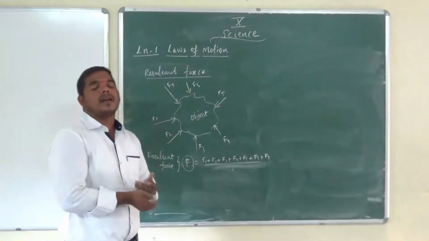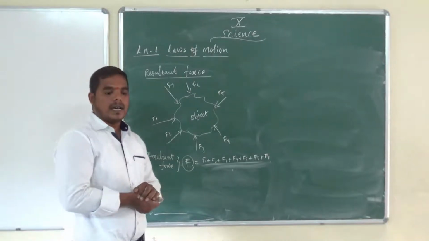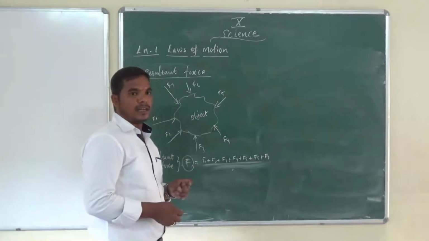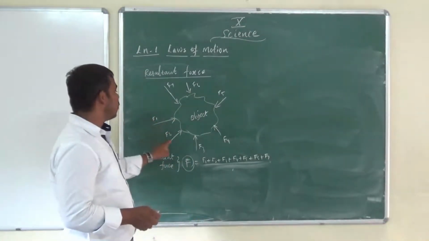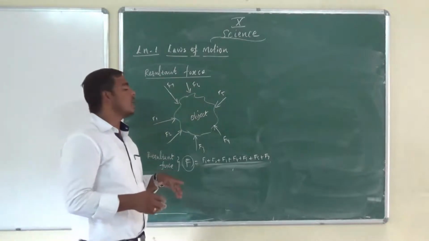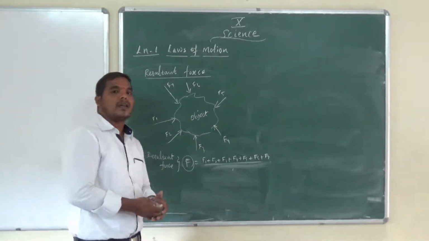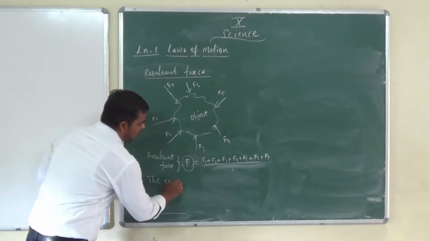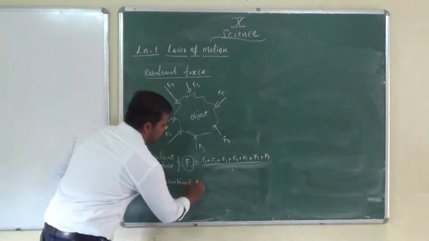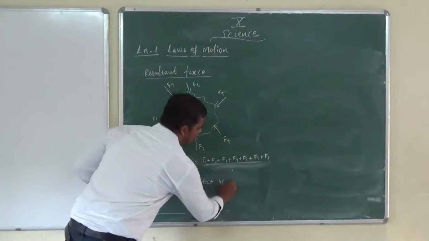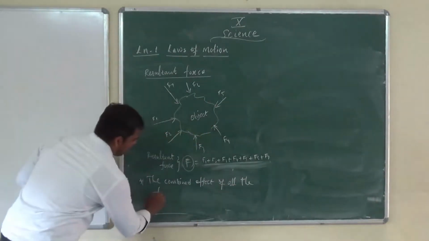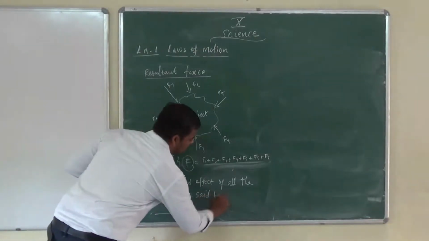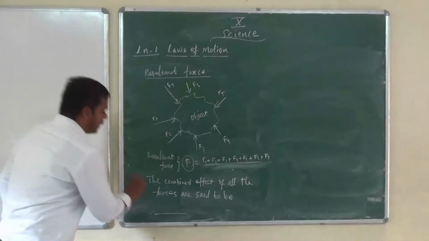All the forces give the final effect, called the resultant force. Several forces acting simultaneously, see that F1, F2, F3, F4, acting simultaneously on the body. The combined effect of all the forces is said to be the resultant force.